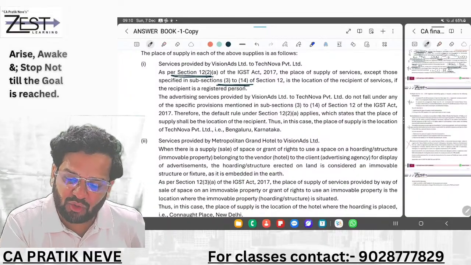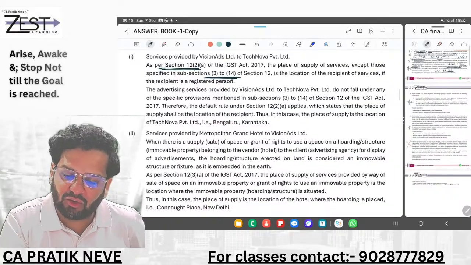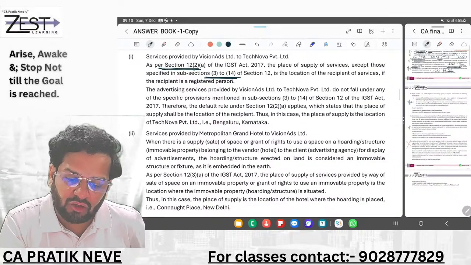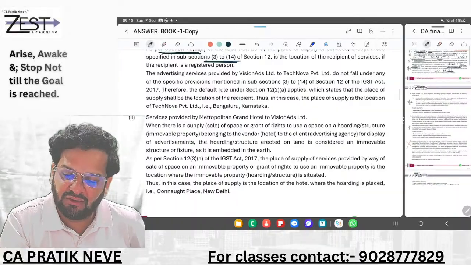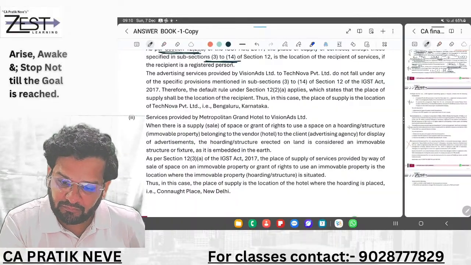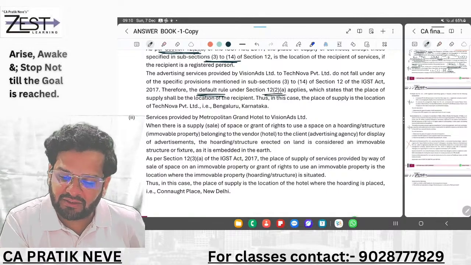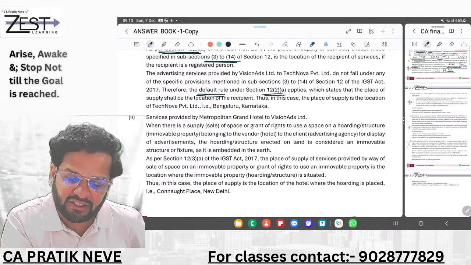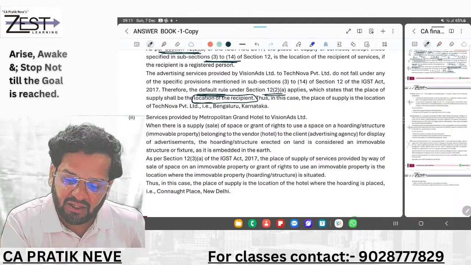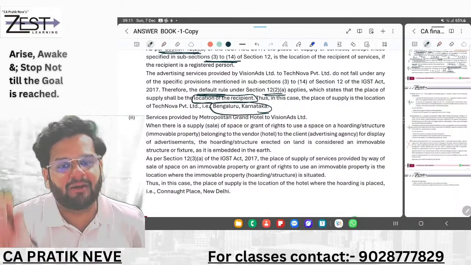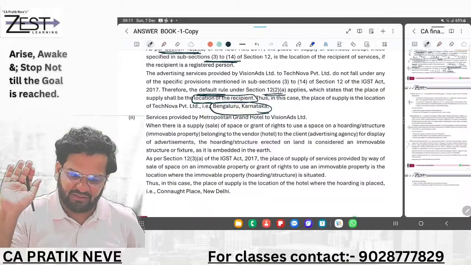Advertising services provided by Vision Ads Limited to Technova Private Limited do not fall under any specific provision. Therefore, the default rule 12.2 applies, which states place of supply shall be location of recipient. Hence, it is Bangalore, Karnataka, as we discussed.